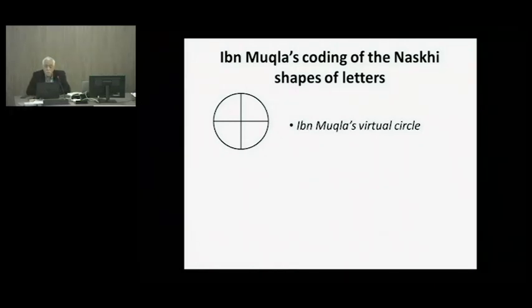Ibn Muqla coded the Naskhi shapes of letters with the idea of a virtual circle. It's a geometric idea. This was in the 4th century of Islam, that's the 9th or 10th century.